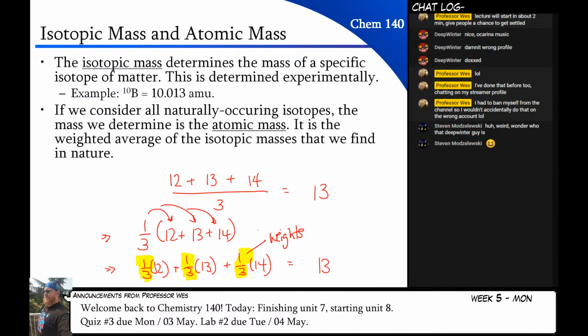So this term right here shouldn't contribute anything because there's not any of it. And this term right here should contribute a very tiny amount because there's a very small amount of it. So if I change the weights, this number changes. And what it changes to is this, which is the atomic mass. And we can show that by just doing the calculation. Punch in 0.99 times 12 plus 0.01 times 13.